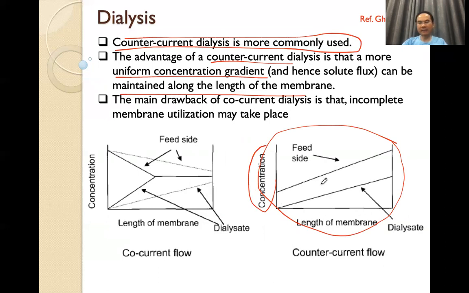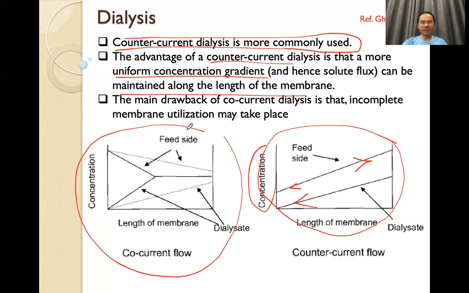And if we talk about the concentration profile for cocurrent, it's not uniform. This is the feed side and this is the dialysate side. This increases and this decreases.